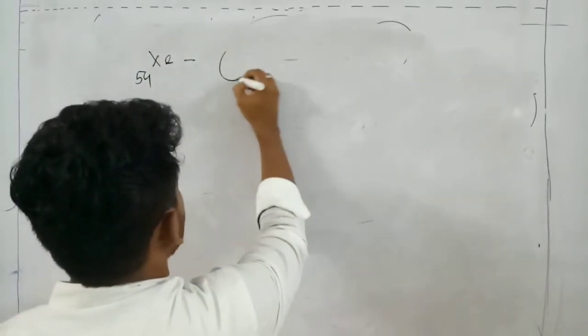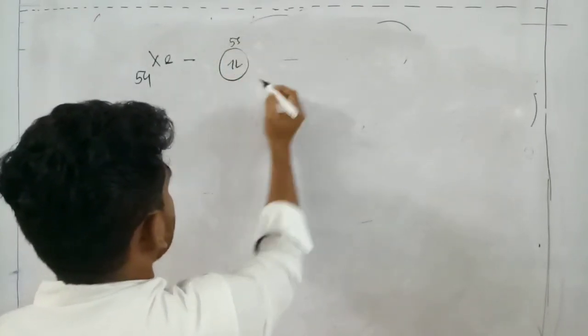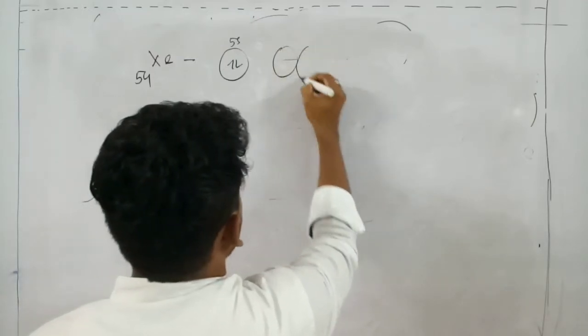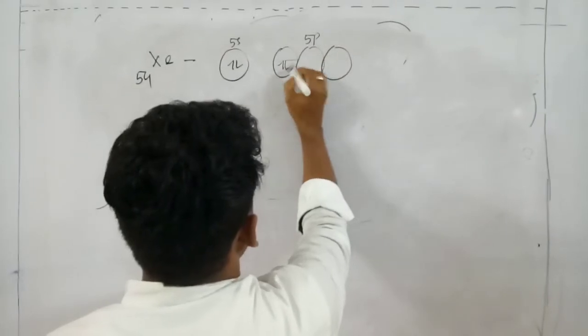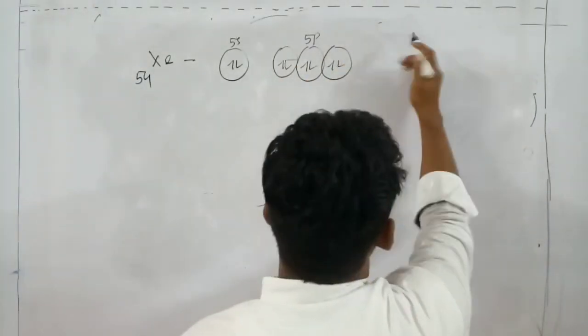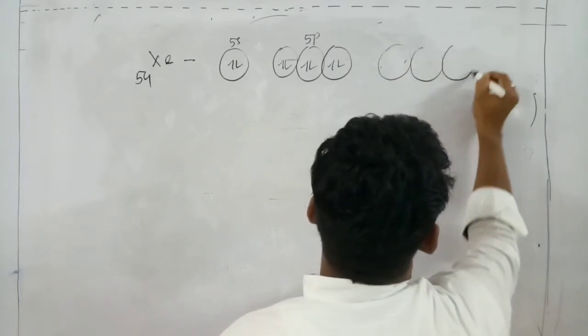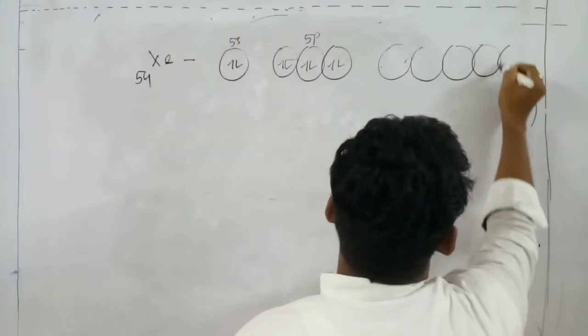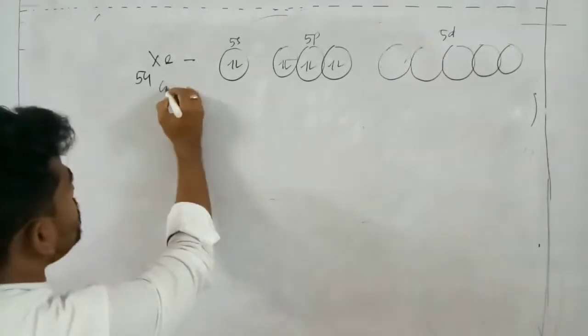So here, this is 5s, 2 electrons are there, 5p6, and the vacant orbital, that is 5d. Here you can say this is the ground state, xenon is in zero oxidation state.